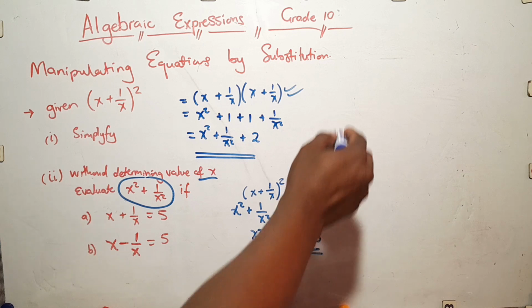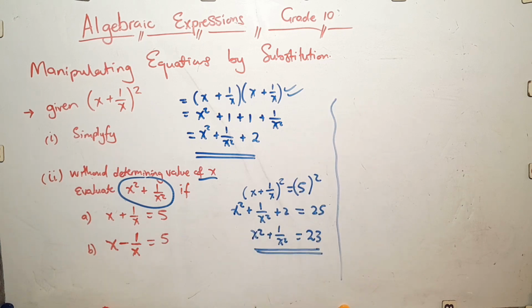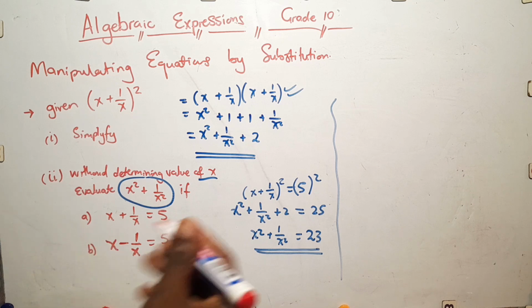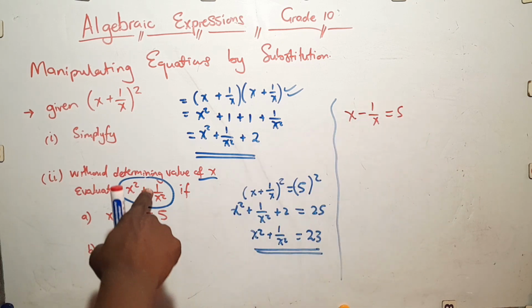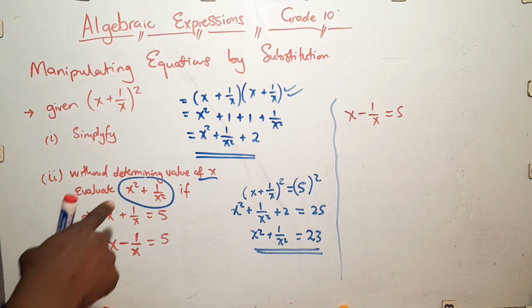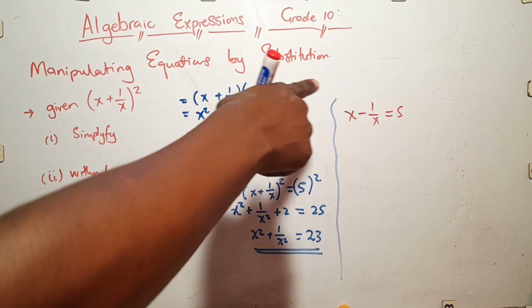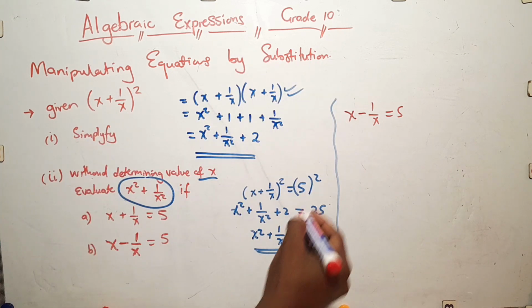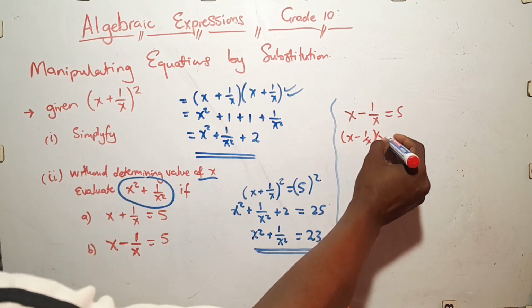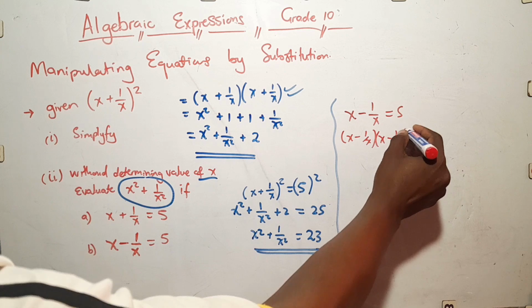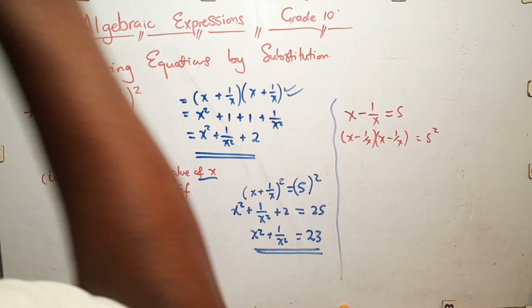23, like that. And our last question, they said we must evaluate for x minus 1 over x is equal to 5, but we must find the value of that. So also what we want to find is in squared, so it means that we can square both sides. So if we square both sides, this will be x minus 1 over x, x minus 1 over x being equal to 5 squared.